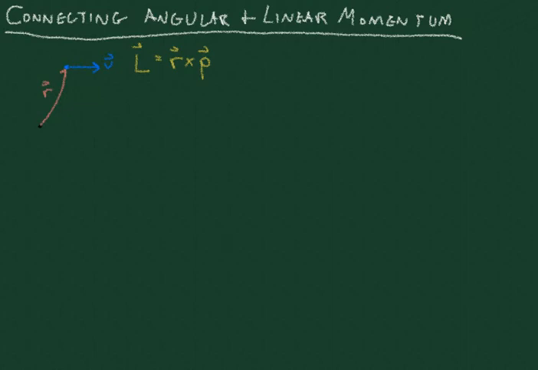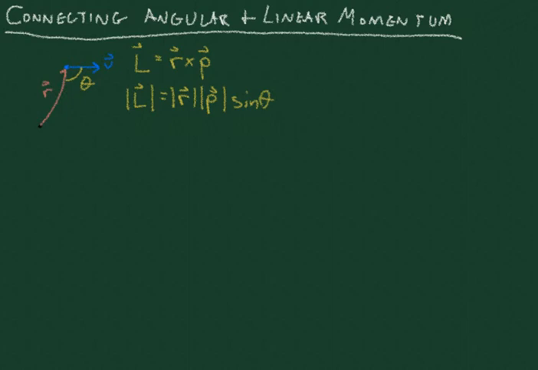So again, since we're talking about a cross product, the magnitude of L is equal to the magnitude of r times the magnitude of p times sine theta, where theta is this angle between the two.